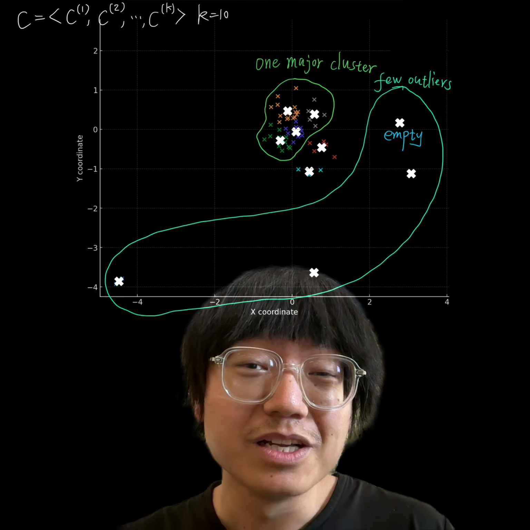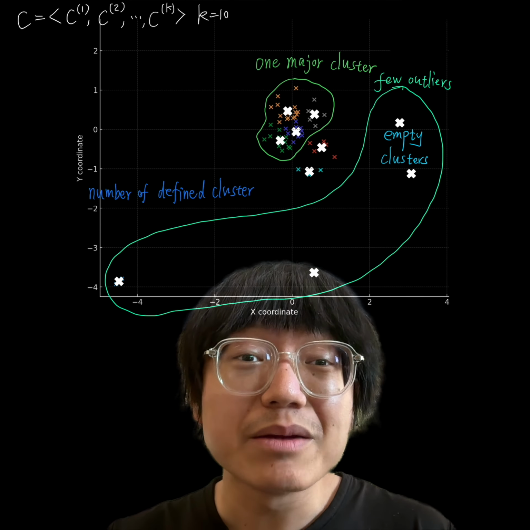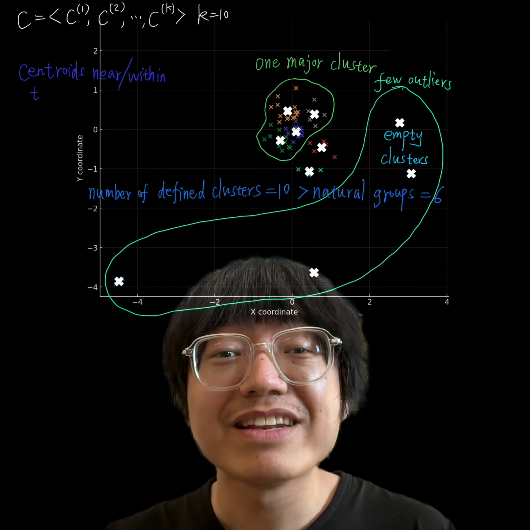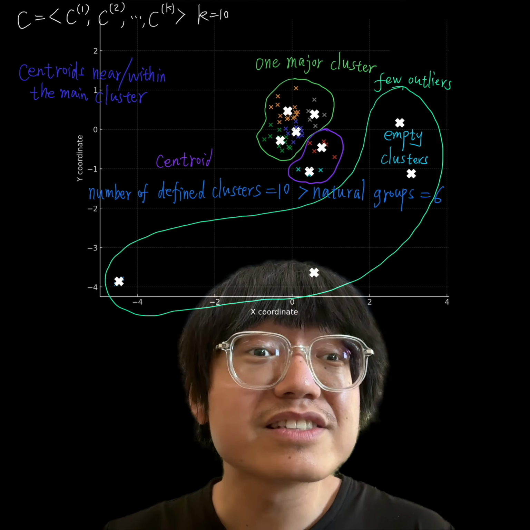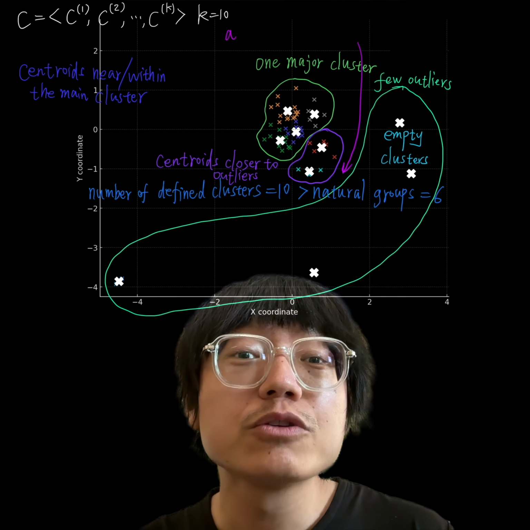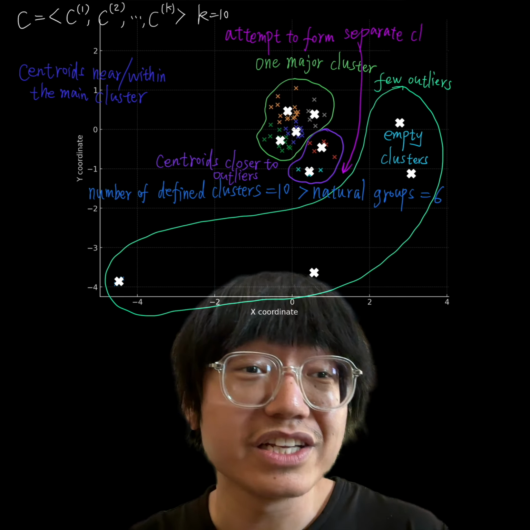The purpose was to illustrate the potential for empty clusters when the number of defined clusters exceeds the natural groupings in the data. Most of the centroids have landed near or within the main cluster, and some centroids are closer to outliers, attempting to form separate clusters around a single or very few points.